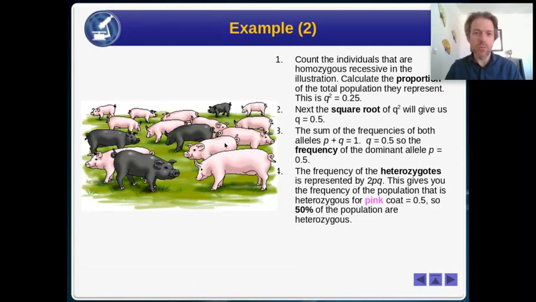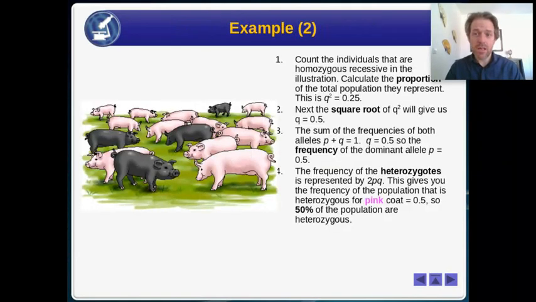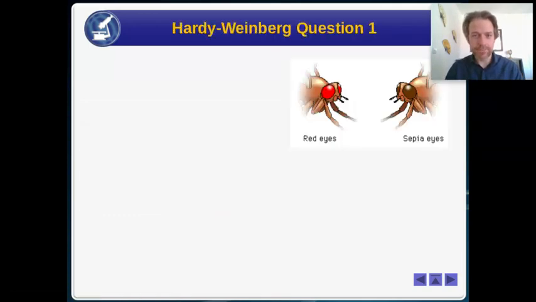So if we've got 12 pink pigs, then 6 of them ought to be heterozygous. If I went through that too quickly, go back, rewind, watch it again, work it through, pause it, listen to what I'm saying, when I'm saying homozygous recessive is this, or square rooting that, and really take the time to try and understand this.